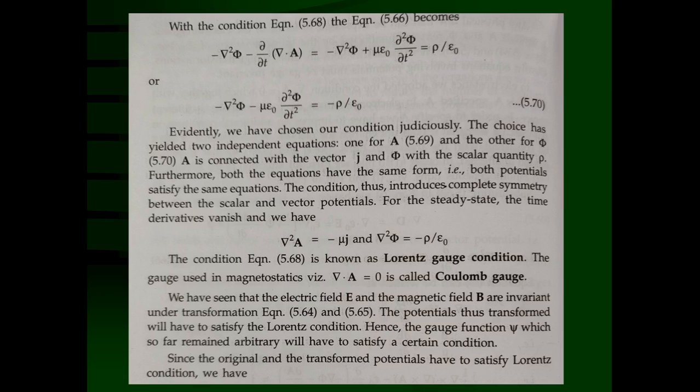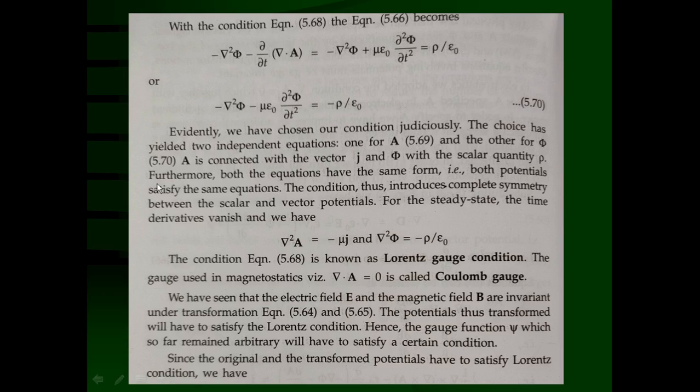So it is operating on a scalar function, the scalar potential phi, minus mu epsilon 0 del square phi upon del t square. That means we are taking a second order differentiation with respect to time of the scalar potential, which is equal to minus rho upon epsilon 0. Rho is nothing but the volume charge density. So the scalar potential phi is related to the scalar quantity rho.